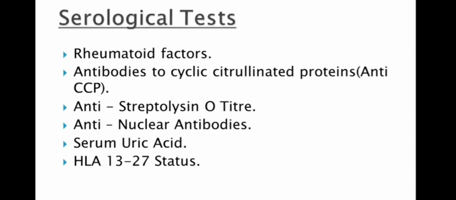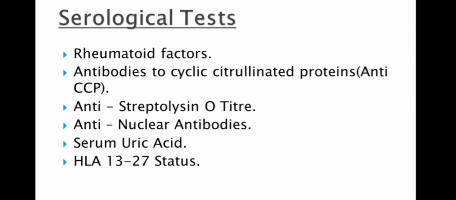For example, if you are getting the Jones criteria for diagnosis of rheumatic fever, major and minor, and then with this ASO titer positive, we can say that this test positivity is in favor of rheumatic fever.